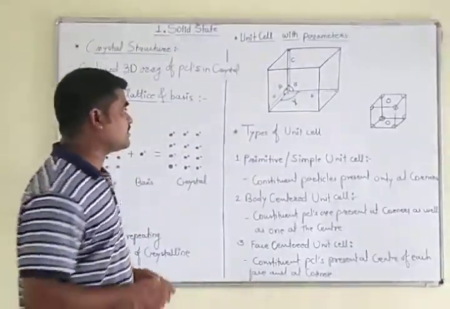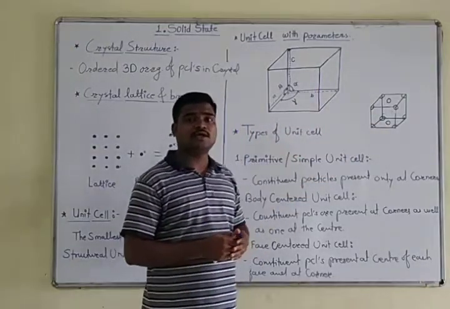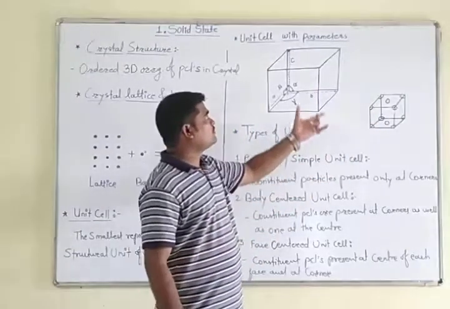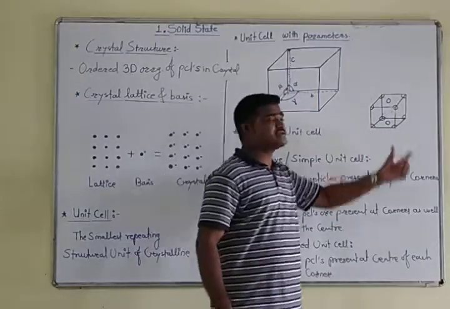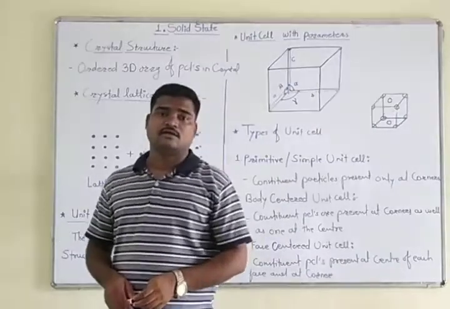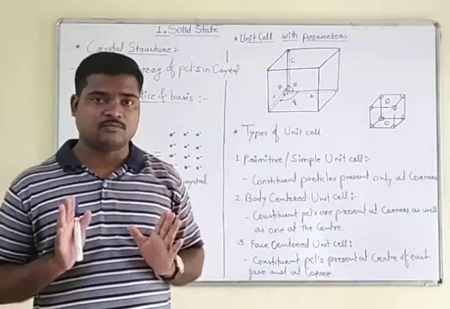In this figure, if we compare both these two figures, you will get an idea. Now, this is the biggest figure and this one is the smallest figure. Or we can say that a cube, a simple cube.